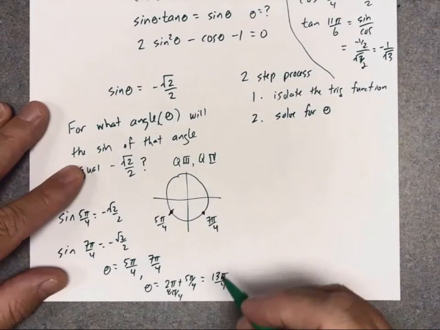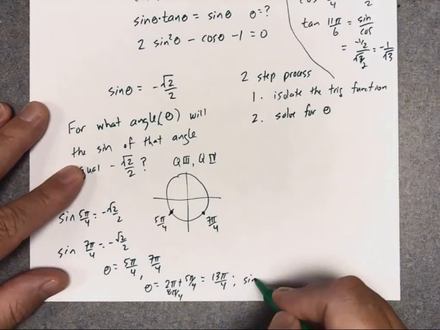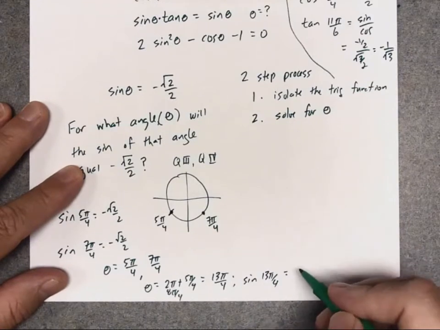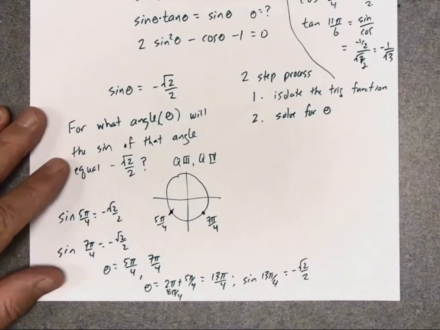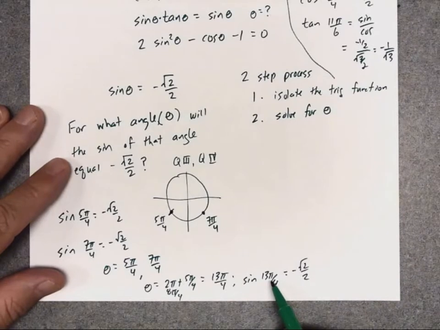What would the sine of 13 pi over 4 be? You know what it would be? Negative square root of 2 over 2. So I've actually got a third angle that's a solution.